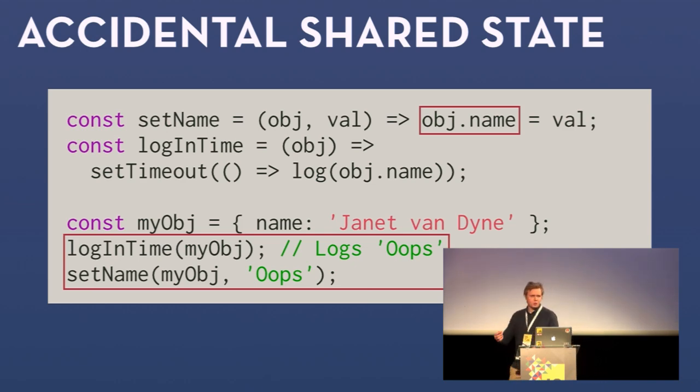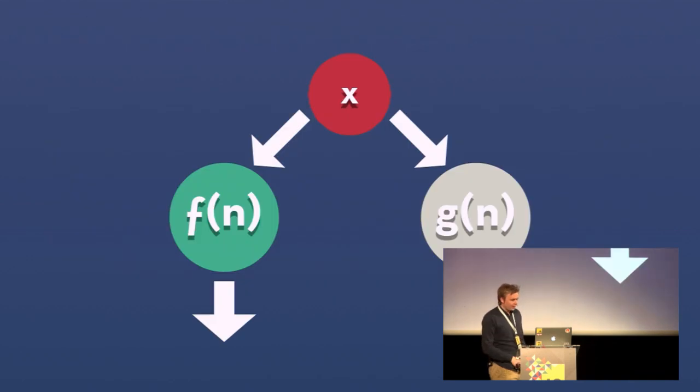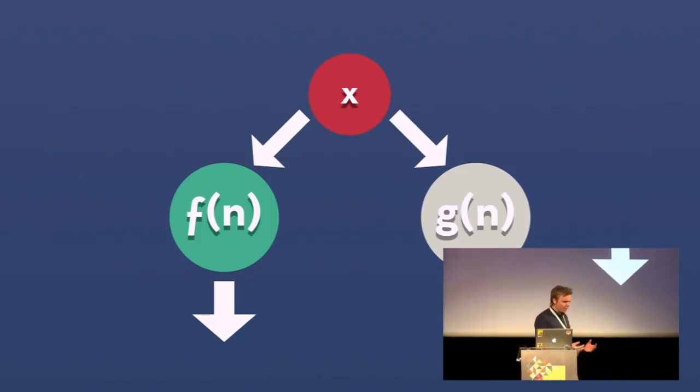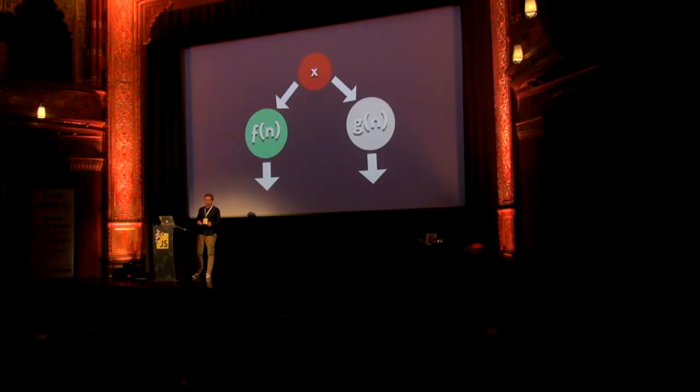You can pass an options object to two sets of plugins or two sets of code, and one of them changes the object, and the other one then has to live with the consequences. And this doesn't only apply to objects; in a sense, it's all values passed by reference.